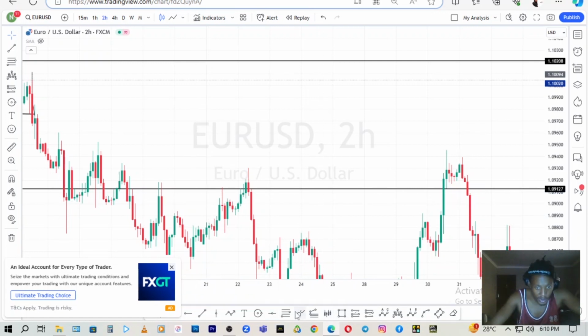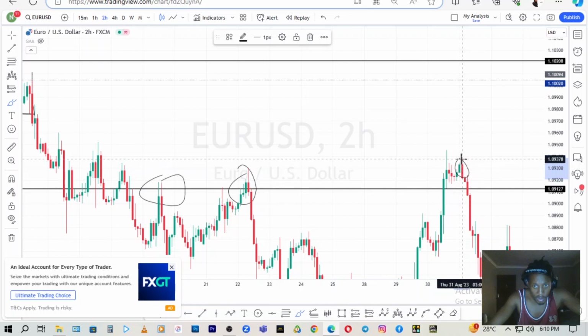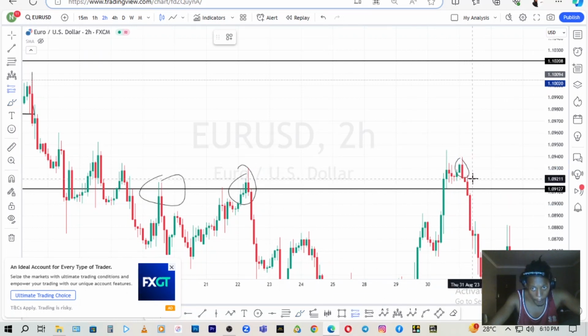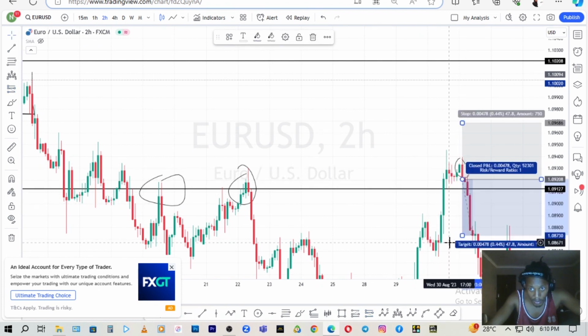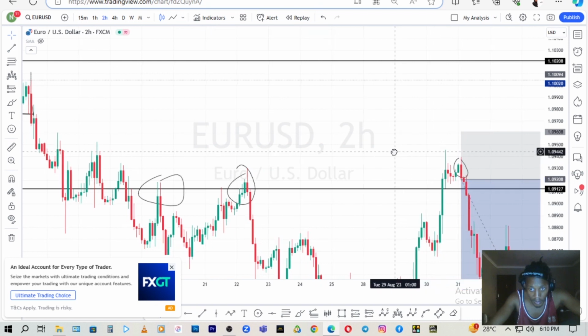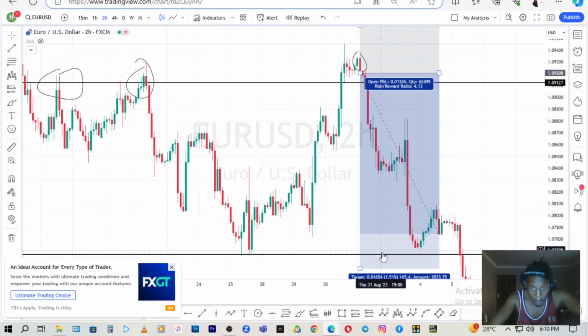So we had this setup, no entry. We had an entry here, so that's where I would enter. Let's see. Okay, I would enter over here, targeting 1:3. Overall my TP would have been hit.